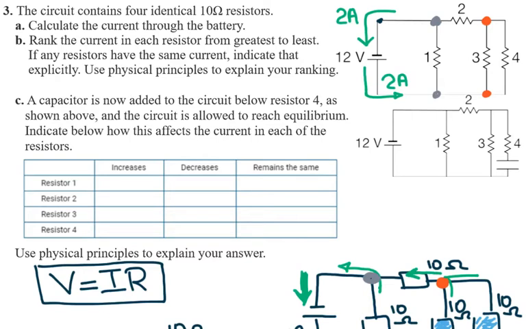That means that the voltage between the gray points is 12 volt as well, because it's just connected straight to the battery. So if I want to find the current that went this way, all I have to do is divide 12 by the resistance of each, which is 10. So that gives me 1.2 amps. So 1.2 amps went this way.